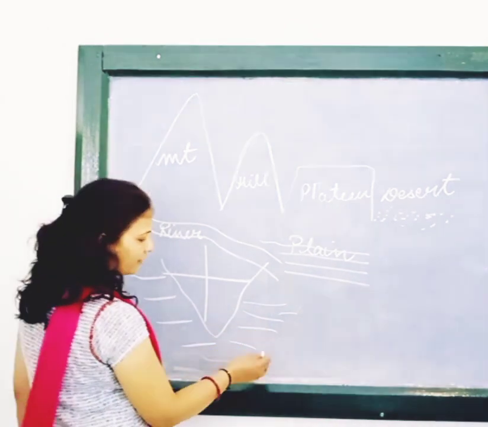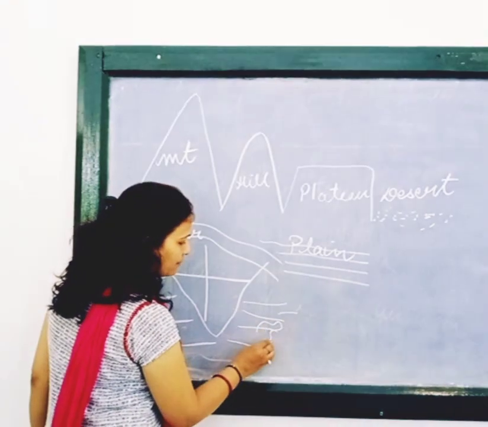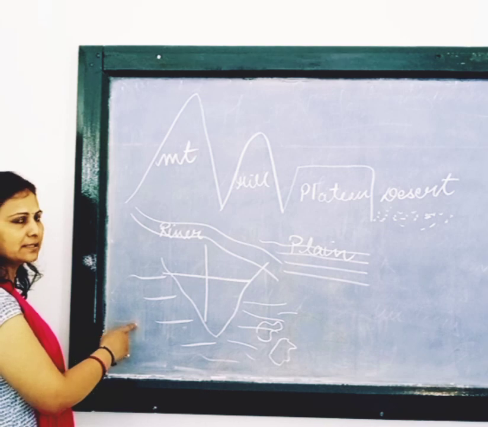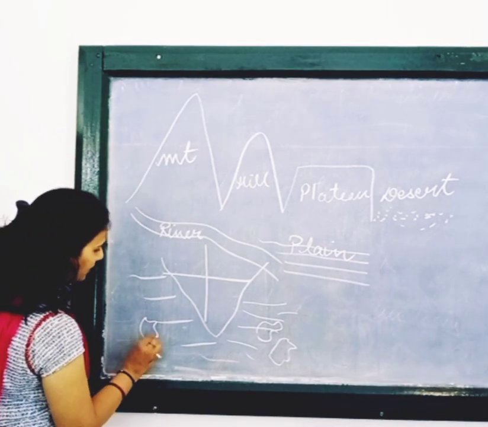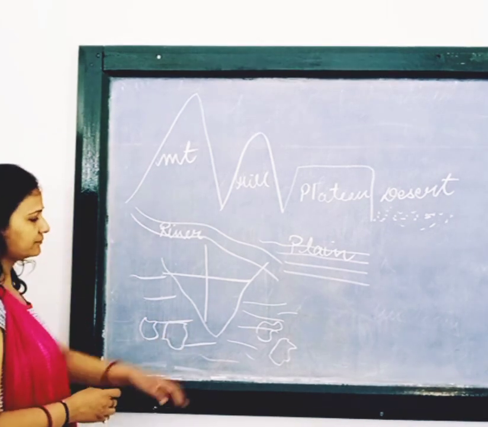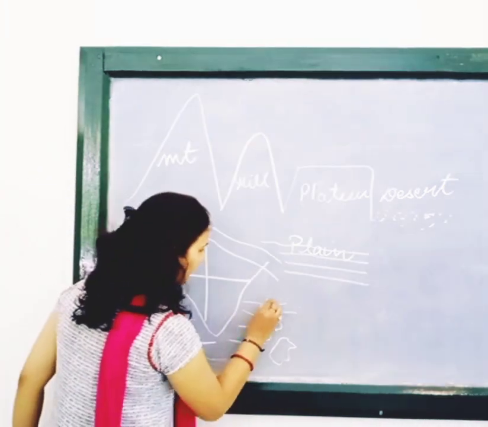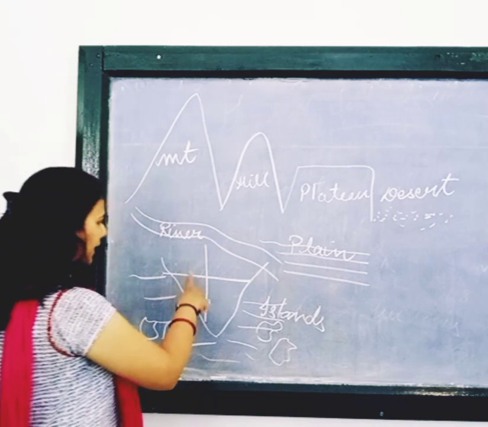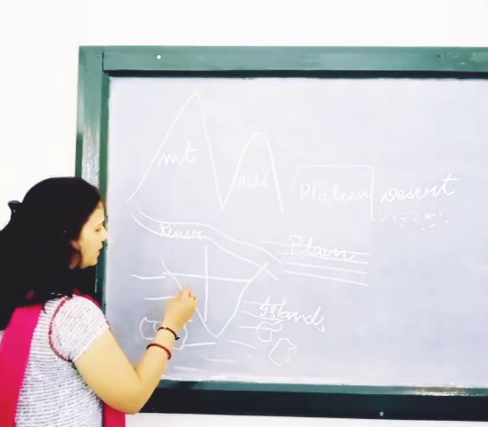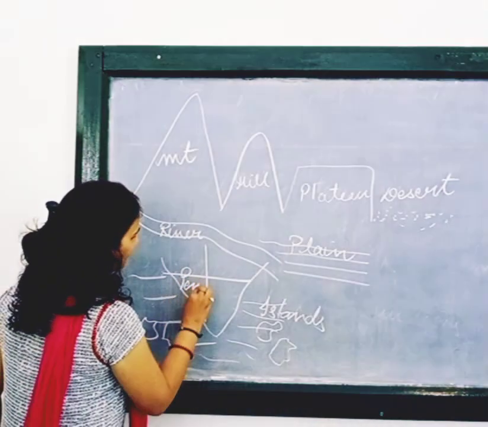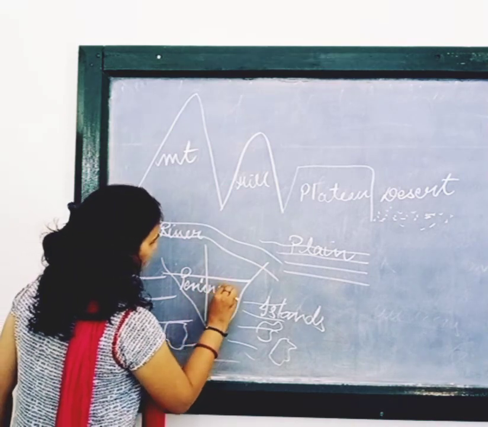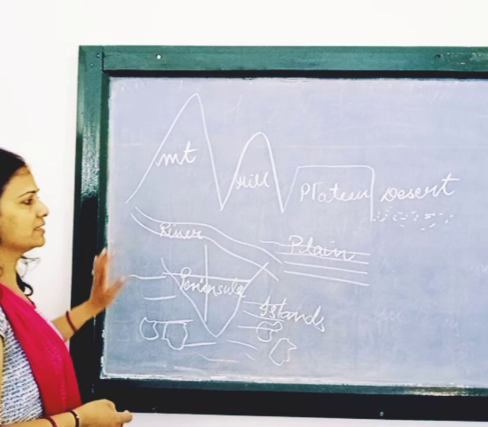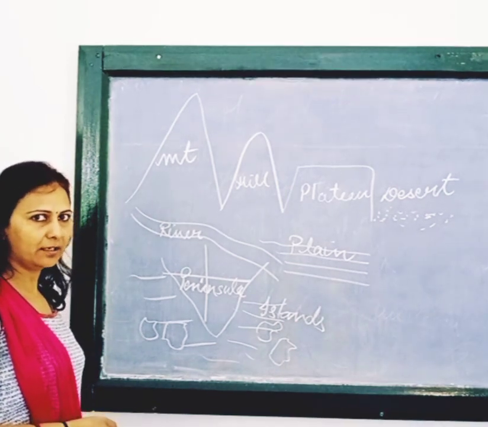In the Bay of Bengal there are the Andaman and Nicobar Islands, and in the Arabian Sea there are the Lakshadweep Islands. So these are the islands, right? And this portion of India is known as the Peninsula. So these are the physical features we can see on the earth.